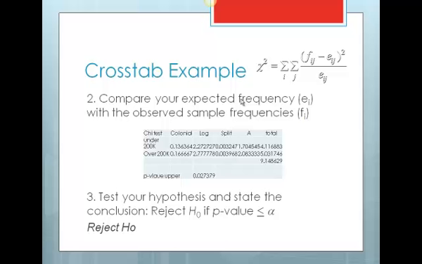So my H0 was that the price of the home is independent of the style of the home purchased. In other words, rows do not impact columns. Price does not impact style. I rejected that H0, so I can say I reject that price does not impact style, or I can say I'm 95% confident that the price does impact the style of the home that you select.